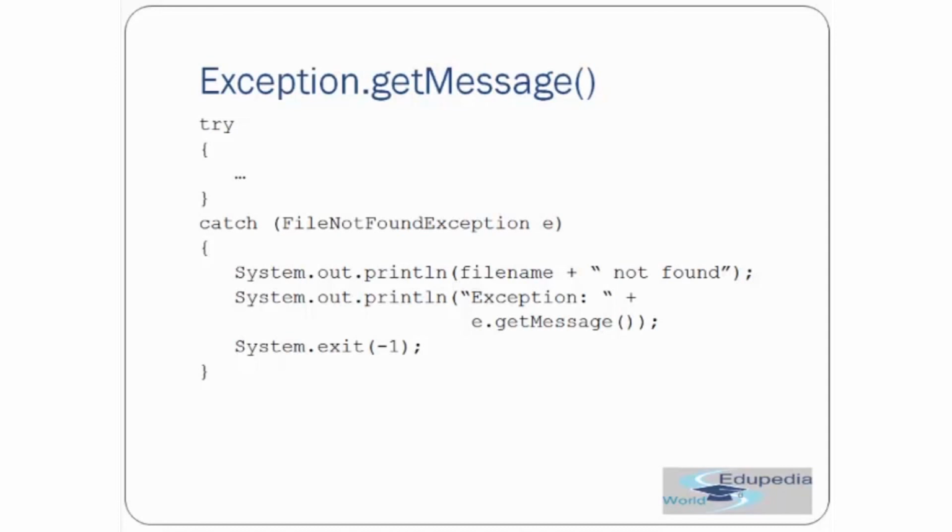It could happen that file not found is coming, but according to us the file is present. Then we should know what the actual exception is and why it occurred. To know that, we should print the stack, and that can be done by using e.getMessage. It will print the complete exception in your console.